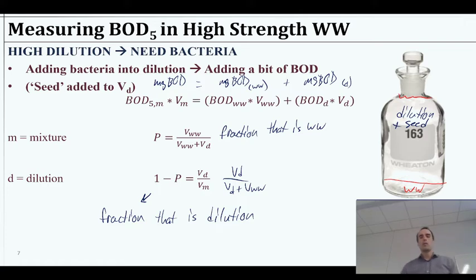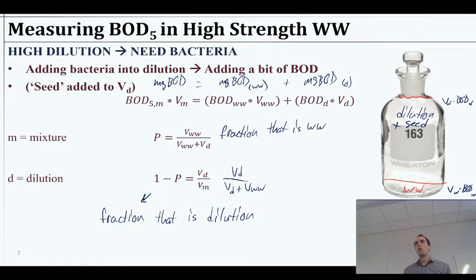This is your standard V times C kind of stuff, right? If we take a look at the units, VD times BOD in the dilution. Could also write volume wastewater times BOD for the waste.